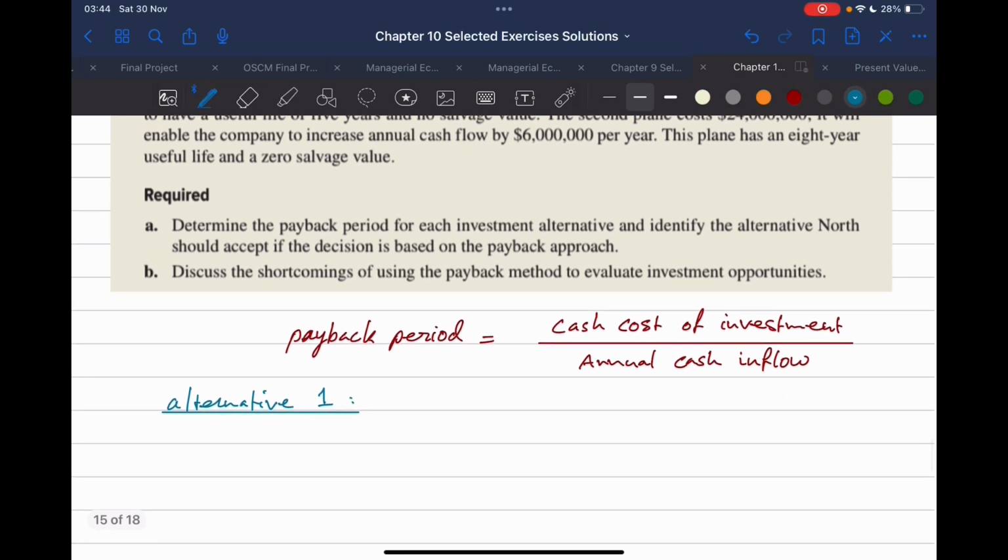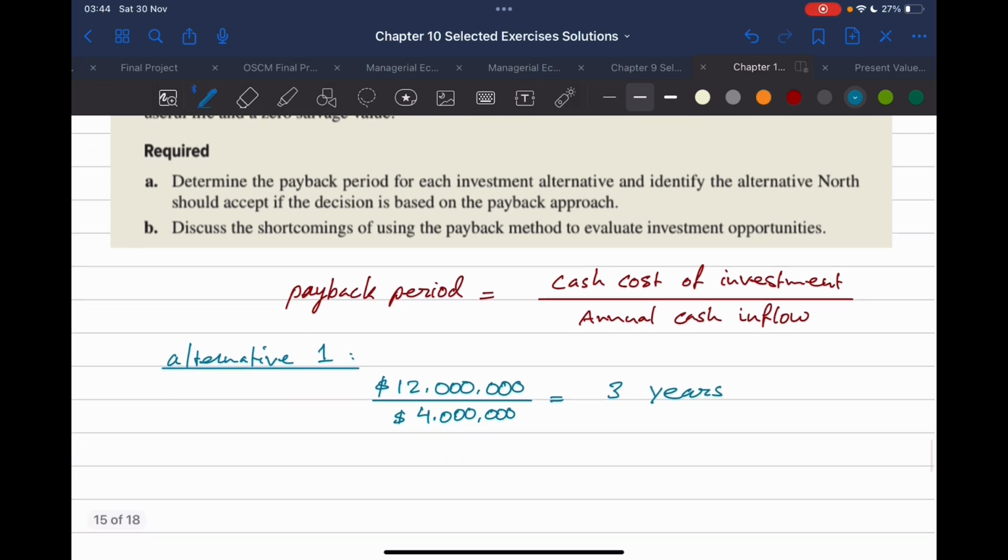Okay? So that means we're going to say $12 million divided by $4 million. And that's going to be 3 years.